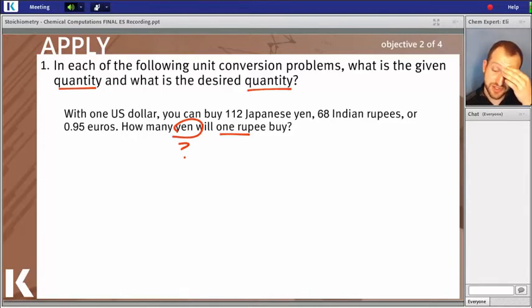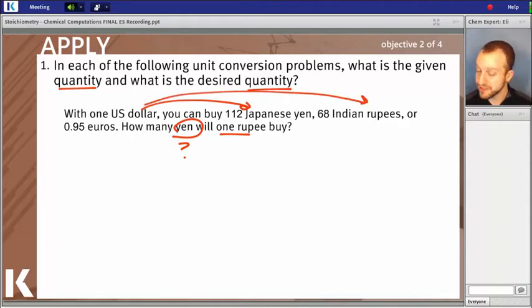We can convert dollars to yen, we can convert dollars to rupees, we could really convert rupees to yen directly. It would be a little bit more work to set up to make sure we didn't make a mistake, but we absolutely could. If we want to do it in a couple steps though, not just one direct step with a kind of messy fraction dealing with 112 and 68 all at once, we could do it a little bit slower with that same setup from a second ago.